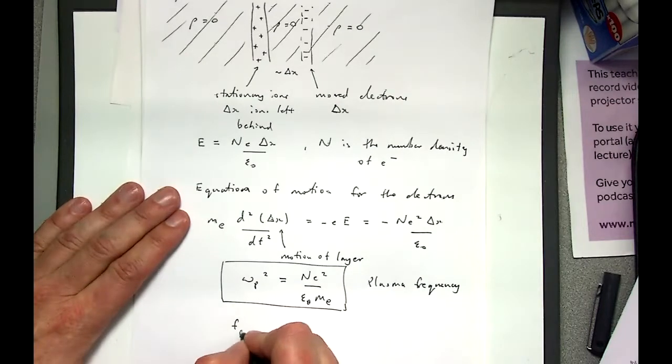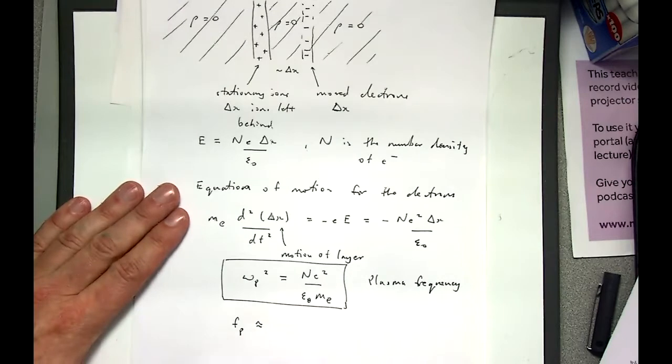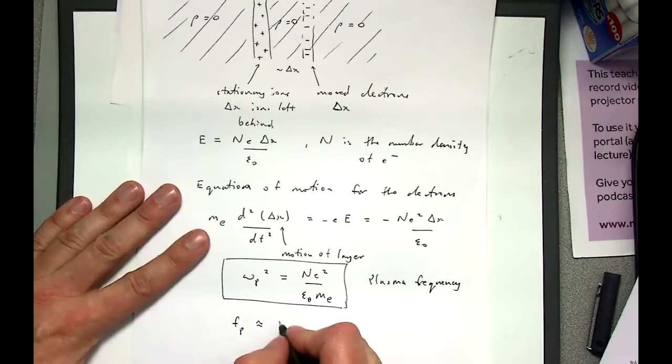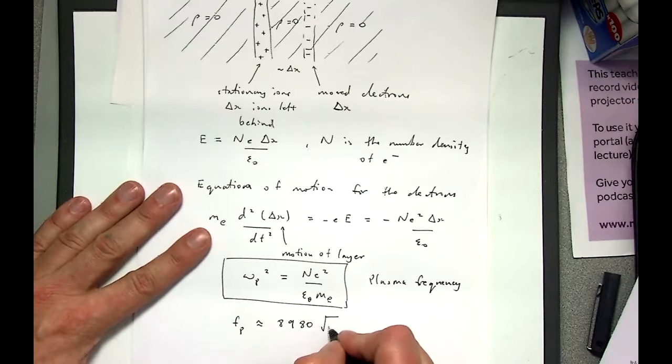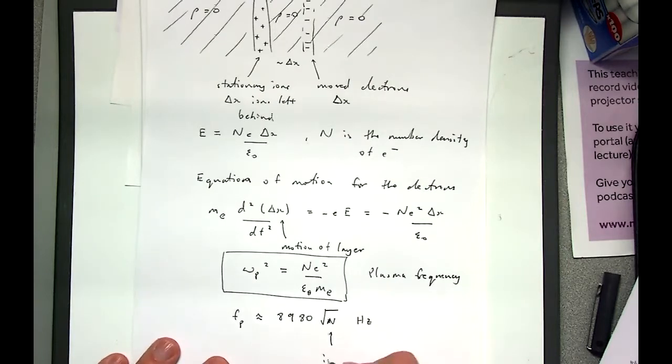Let's write that down in another form. So omega p is this angular frequency. If we write it down as an actual frequency, we can write it as 8980 square root n hertz, and this is true if we write the number density in per centimeter cubed.